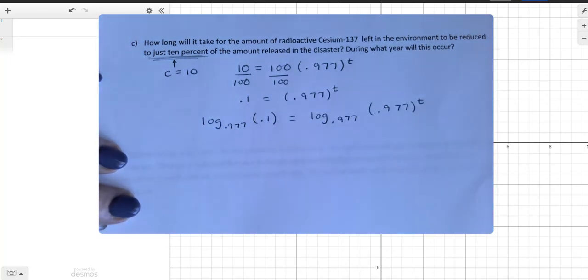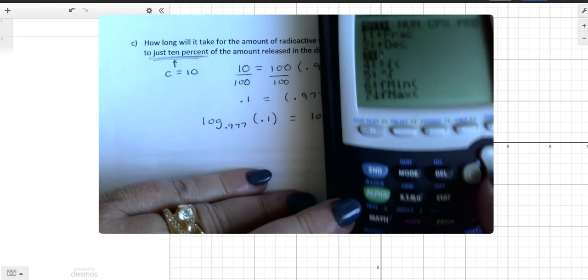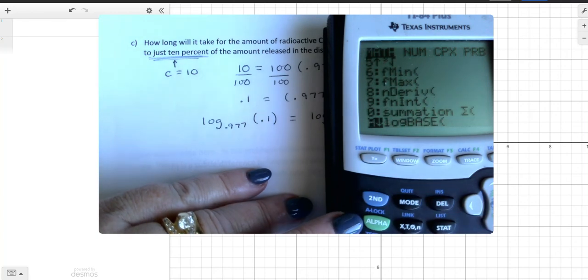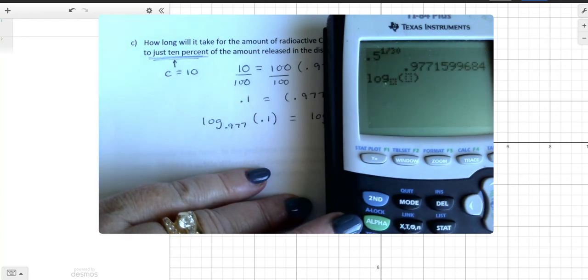All right, on the left-hand side, let's see what we get here. In my math menu, go down to log base. I want the log base 0.977 of 0.1.